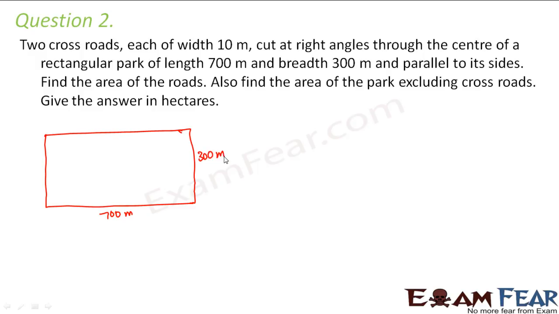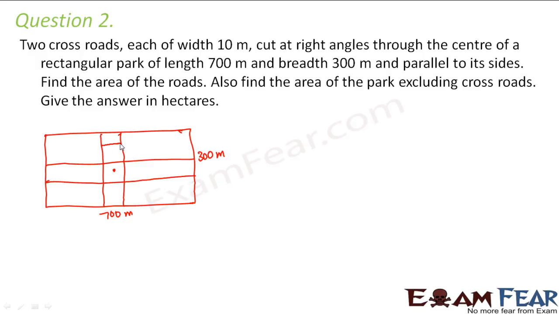Now there are two crossroads, each of width 10 meters, that cut at right angles through the center of the park. So this is the center of the park. So there is one road which is going like this. There is another road which is going like this, and these two roads cross each other at the center of the park. Perfect.